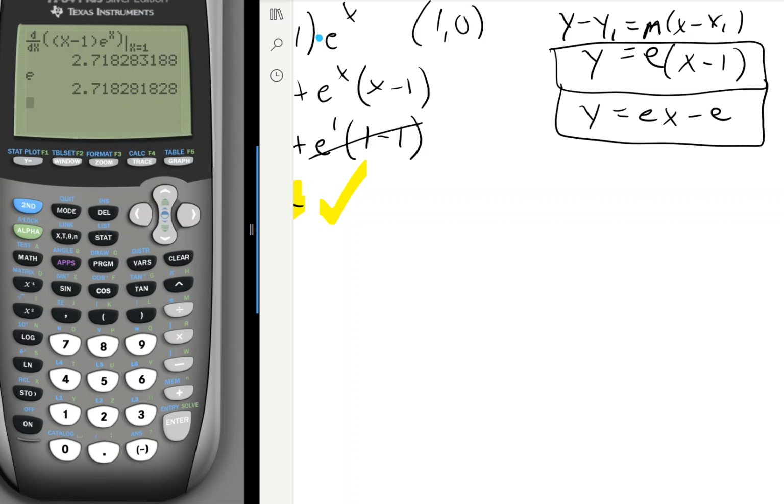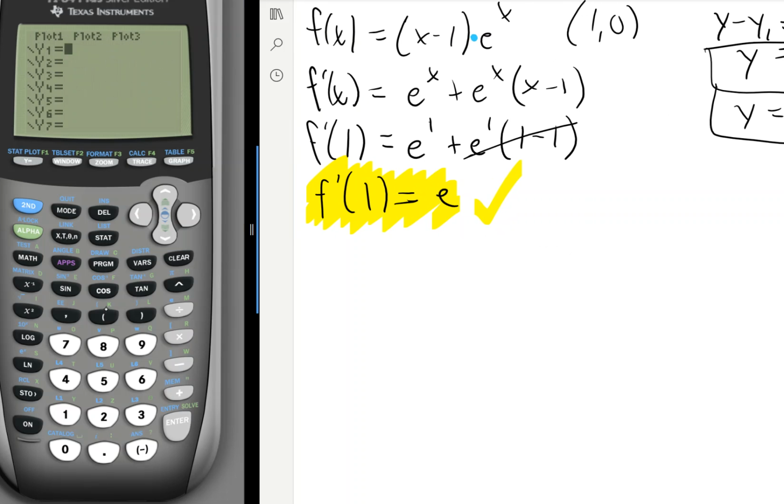And then to see that this equation works, let's go ahead and also graph the function. Put my zoom back to normal. Okay, so this function goes to the point 1, 0, and I'm trying to find the tangent to this.